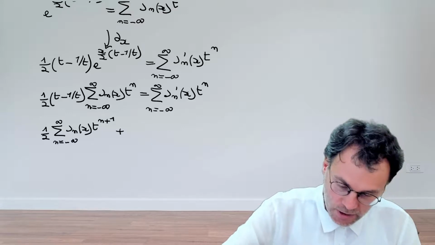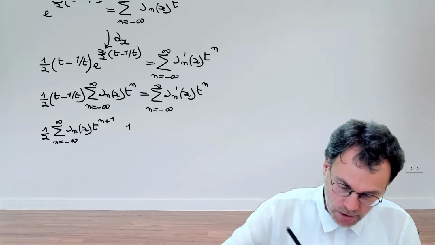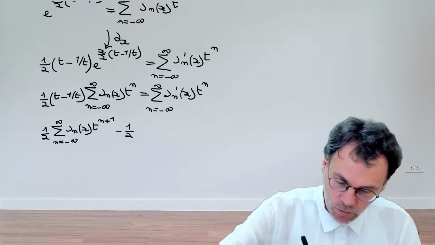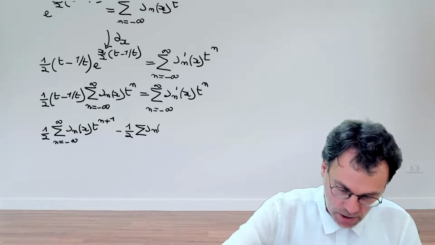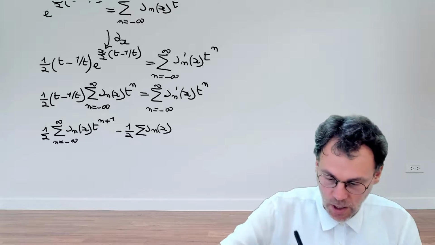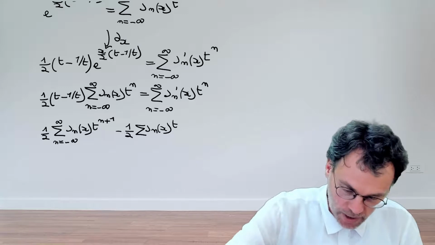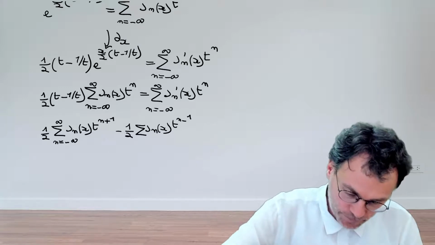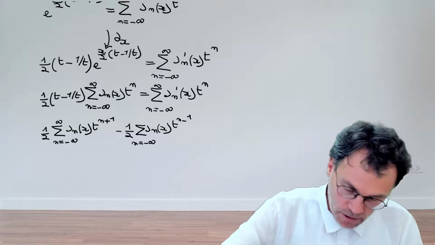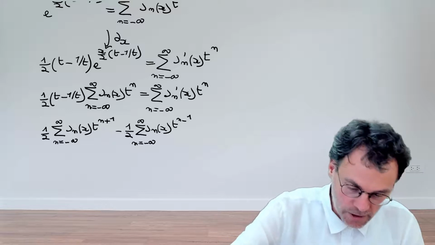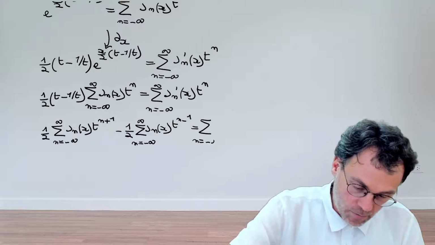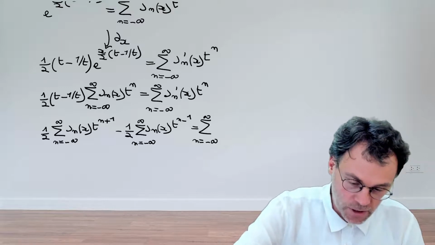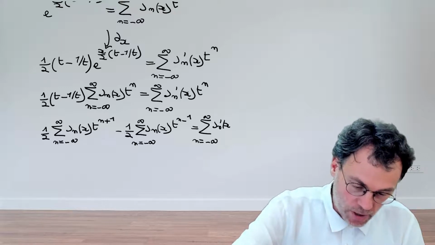And then we have a second summation with a minus sign, minus 1 over 2 summation J_n(x), and this time we have t to the power of n minus 1, and again the limits from minus infinity to plus infinity, and then finally on the right-hand side, the sum over J_n'(x) t to the power of n.